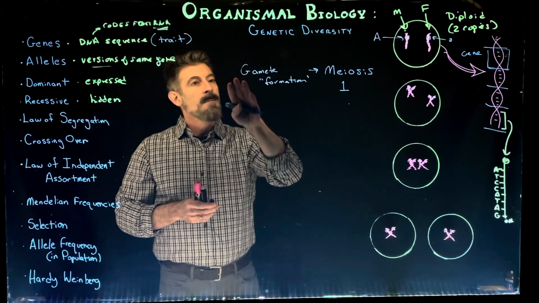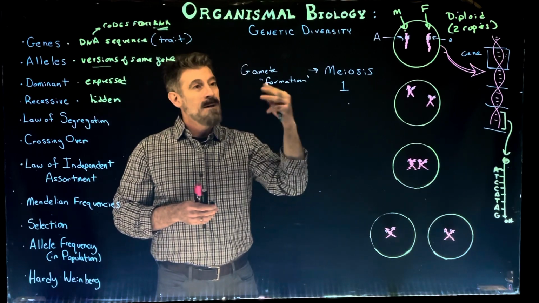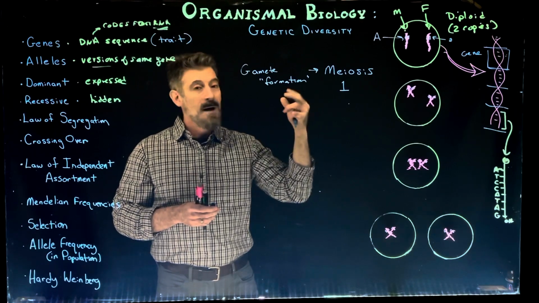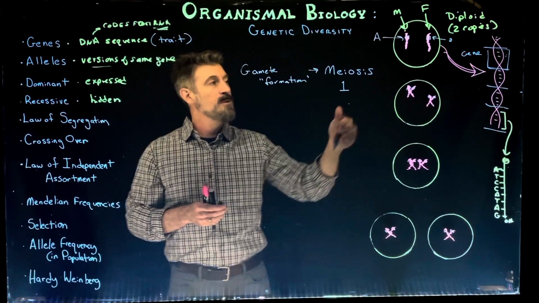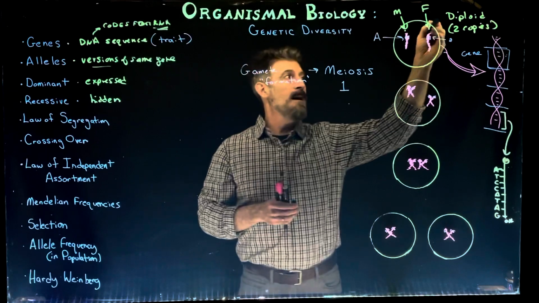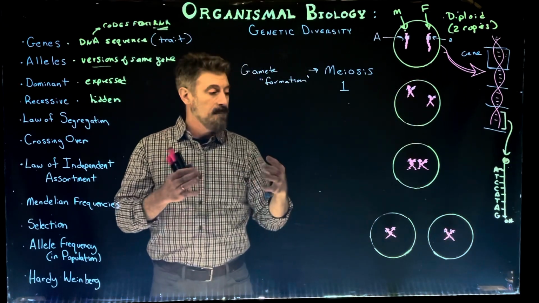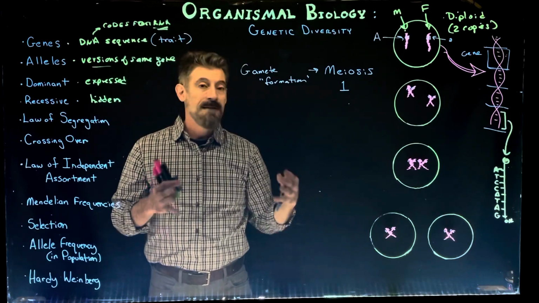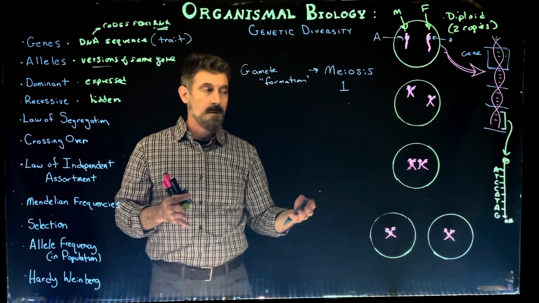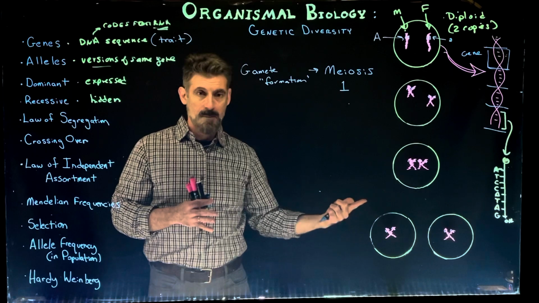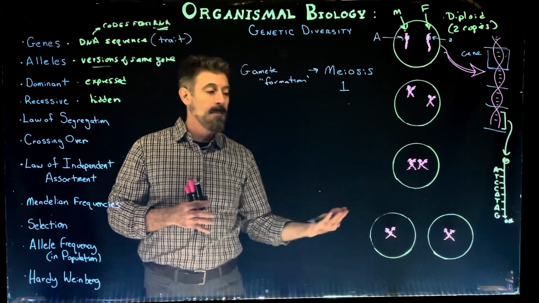So generally what's going to happen in meiosis is we're going to have the total number of chromosomes, which means this diploid cell with 2 of each is going to result in cells that have fewer total chromosomes, only 1 copy of each chromosome in each cell. So they'll result in haploid cells.